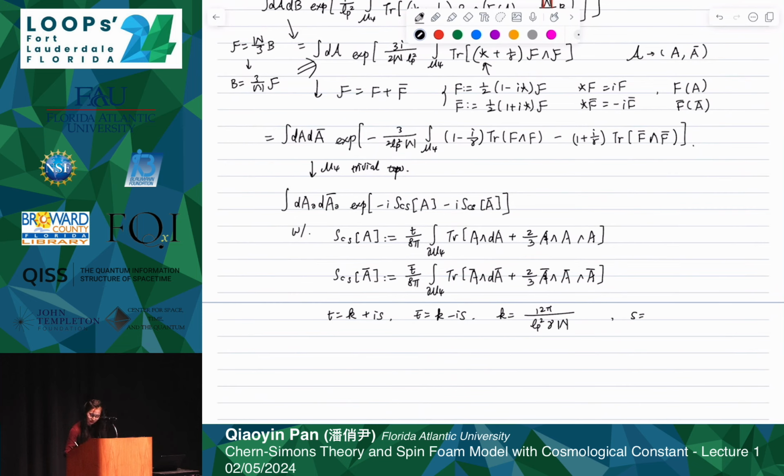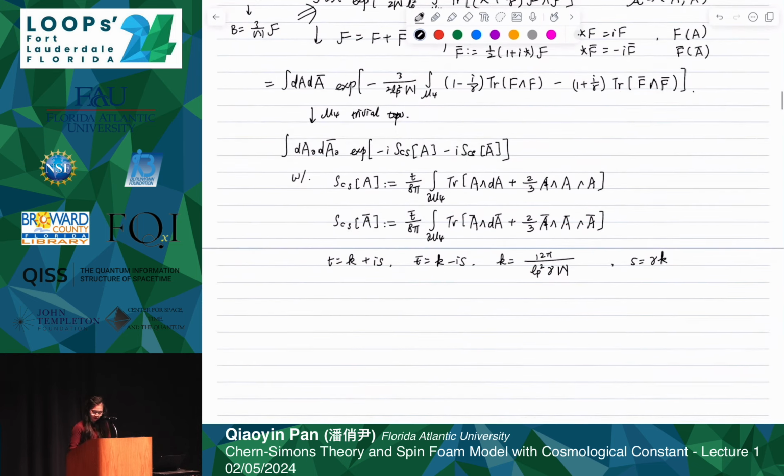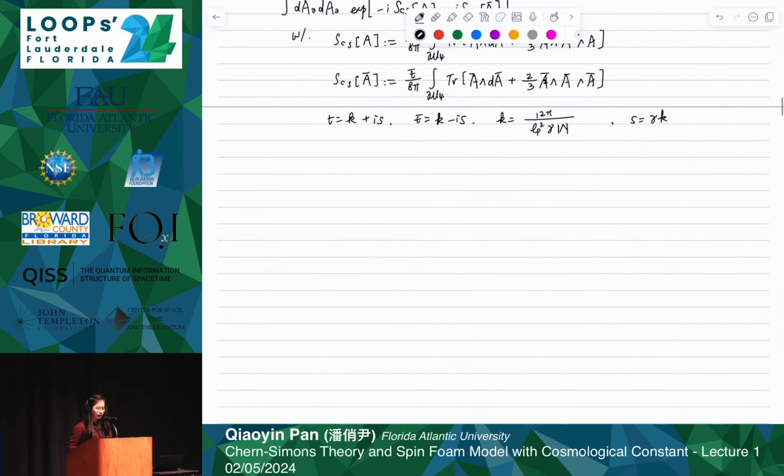If we require the partition function to be gauge invariant, then to figure that out, let's consider the gauge transformation for the Chern-Simons action. So we have the connection going to g inverse A g plus g inverse dg, where g is in SL(2,C).